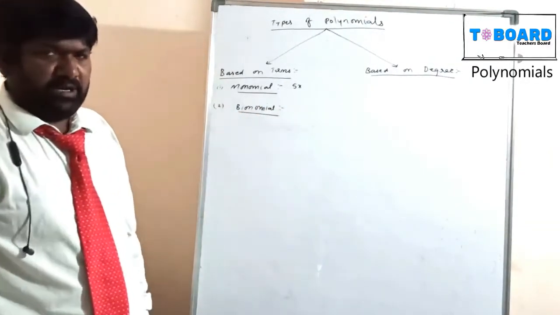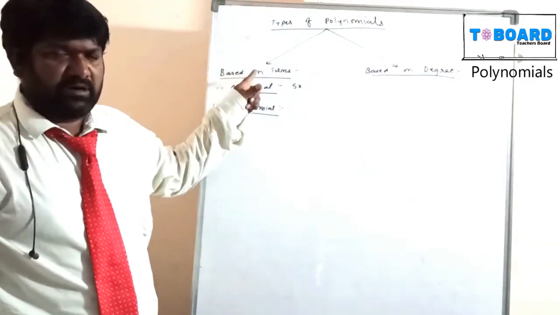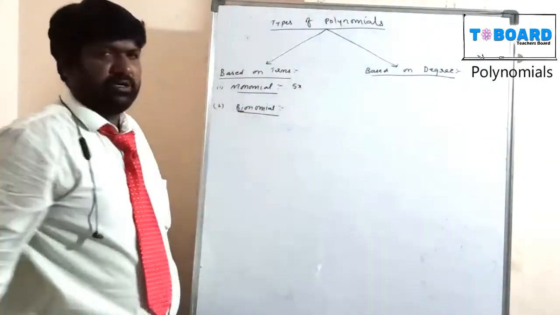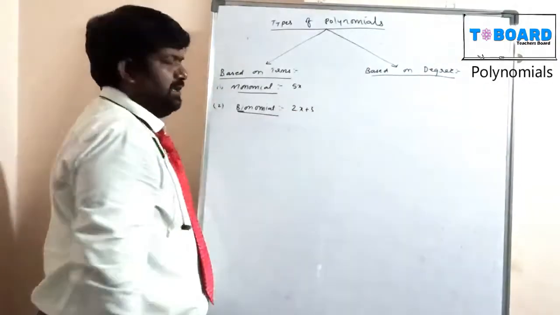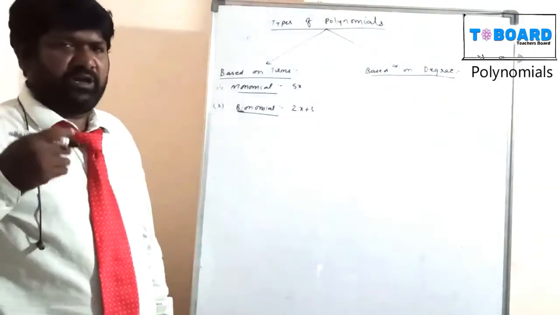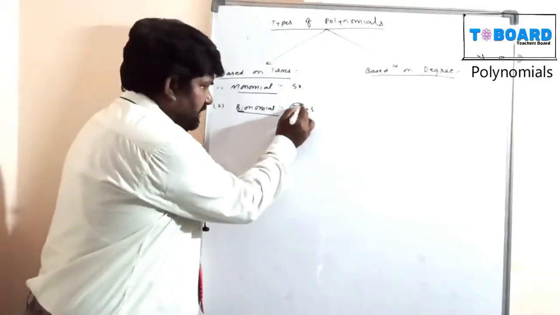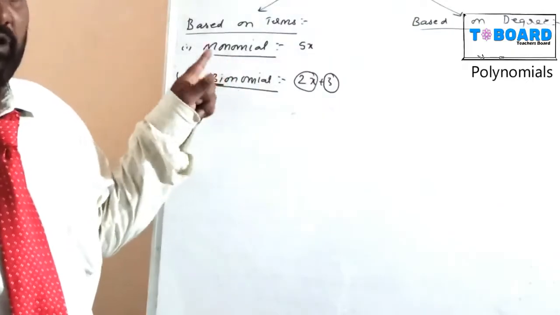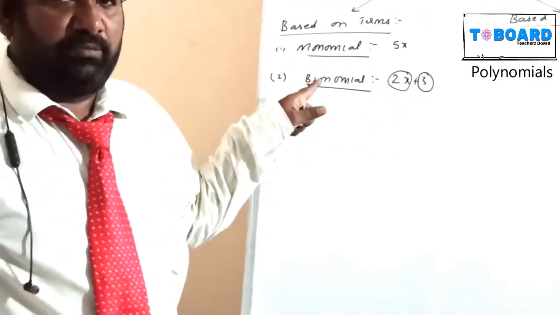A polynomial with two terms is called a binomial. Bi means two. Example 2x plus 3 or ax plus b or 5x plus 7. Here 2x is the first term and 3 is the second term. A polynomial with two terms is called a binomial.